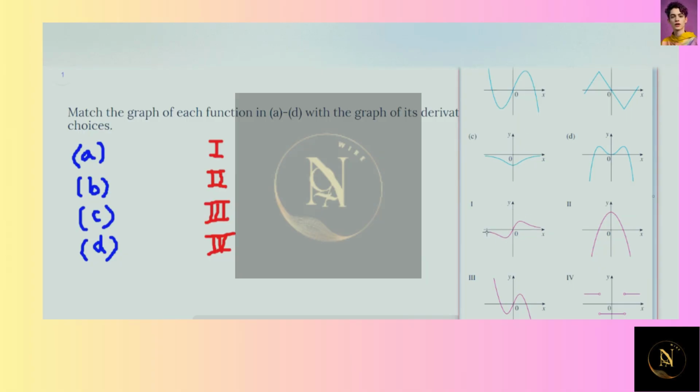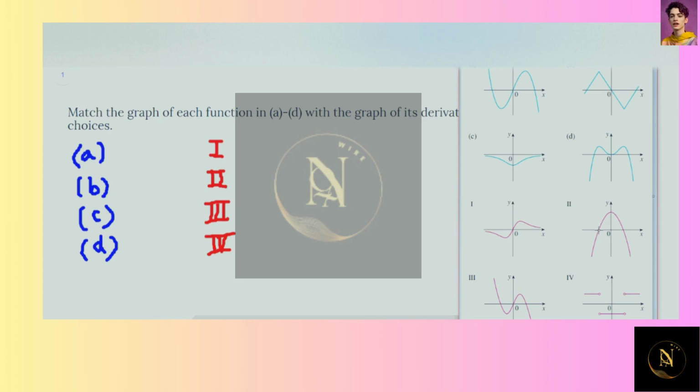Graph 1 crosses the x-axis only once, so that does not count. Graph 3 crosses the x-axis 3 times, including the origin, but at the origin the slope is non-zero, so this cannot be the answer. Graph number 4 does not cross the x-axis at all, meaning that it does not have any slopes of 0.